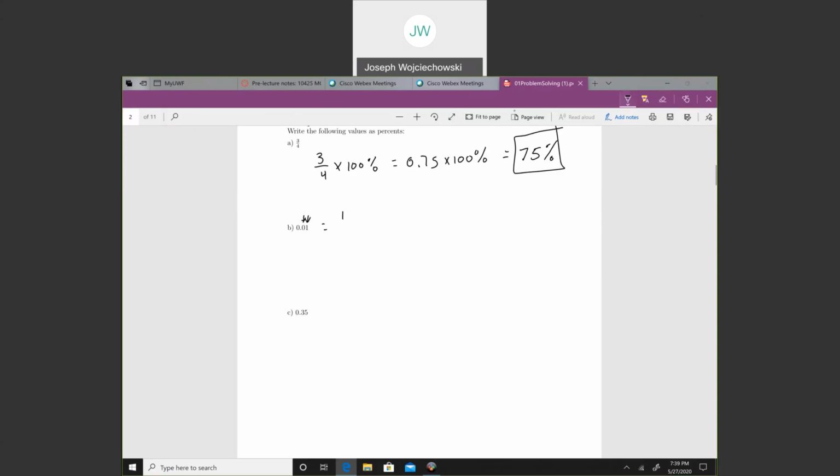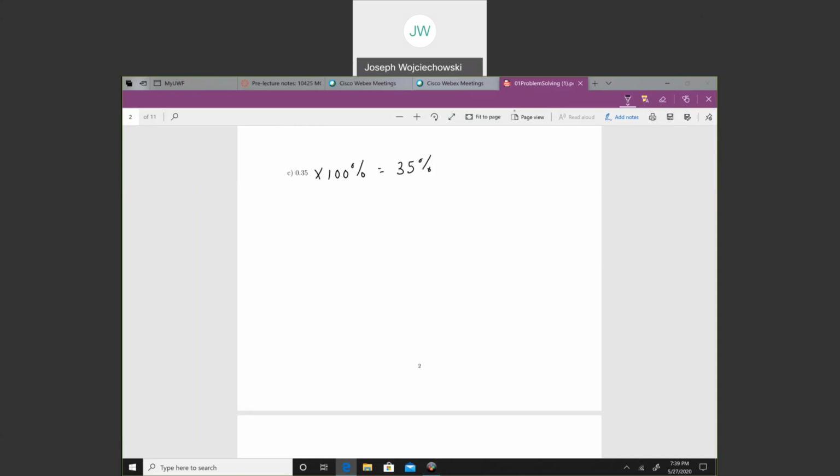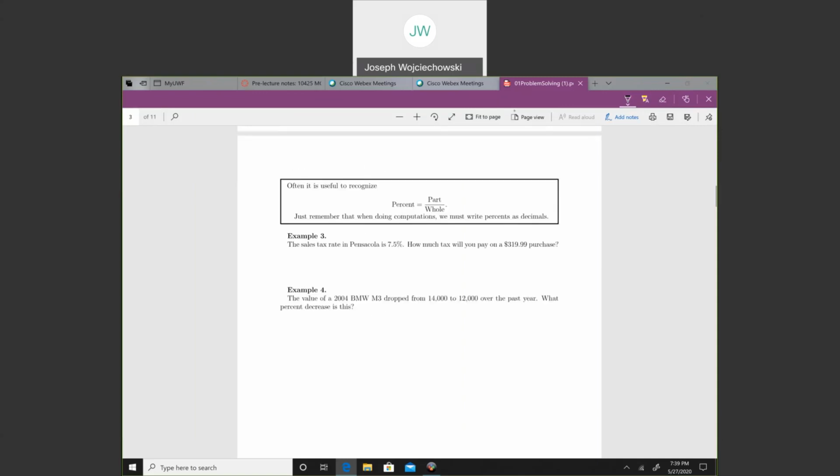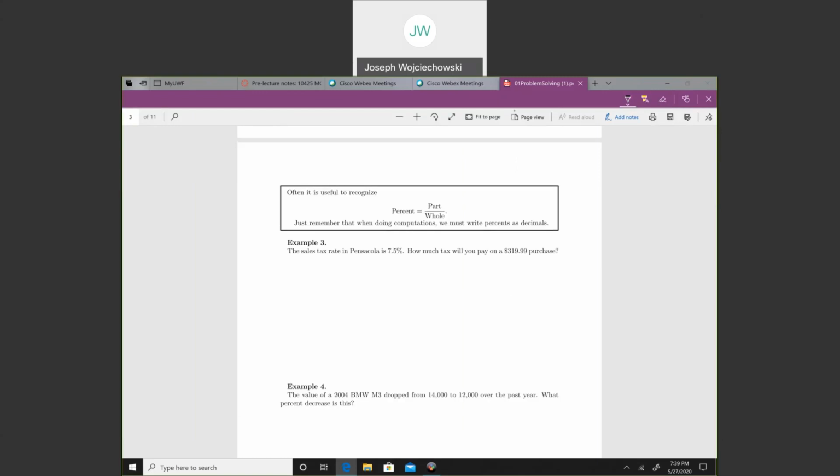So here we simply need to multiply by 100% and we get 1%. Same thing here, simply multiply by 100% and we get 35%. And here we have it written out for you.